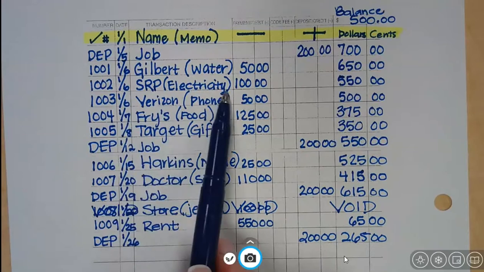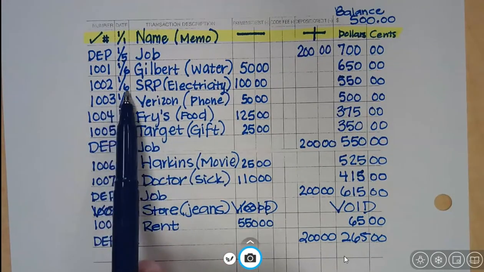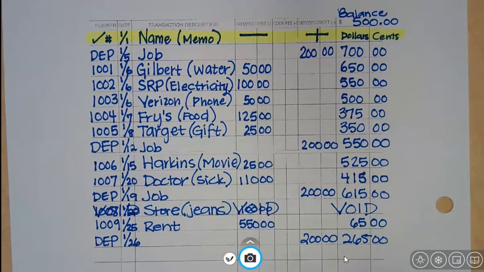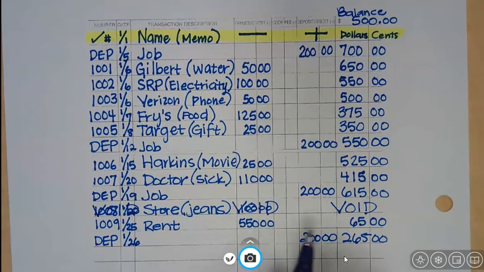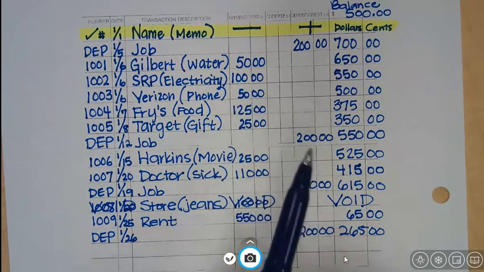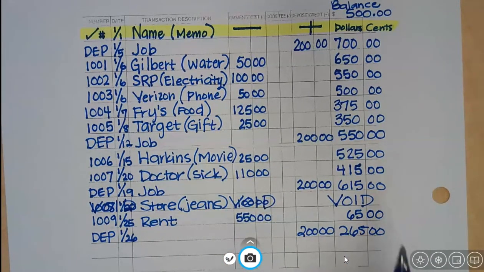But remember, this is winter and my electric bill is going to eventually go up in the summer. So I'm going to have to start making some choices about maybe lowering my rent cost, maybe getting rid of my phone, different things, or maybe I need a better job possibly, or maybe I need to work 2 jobs.